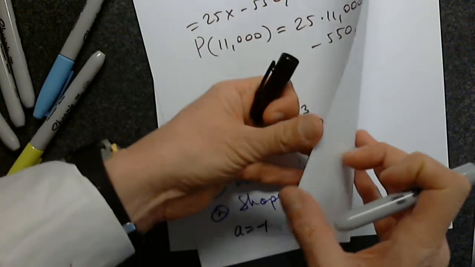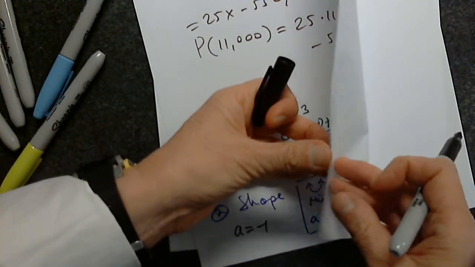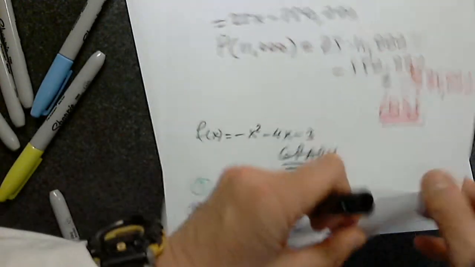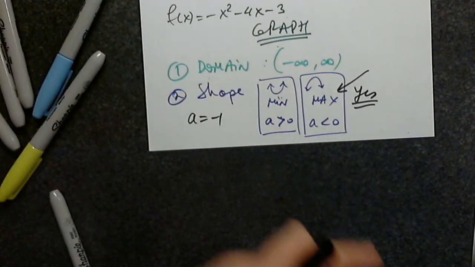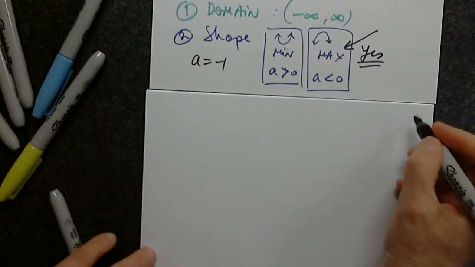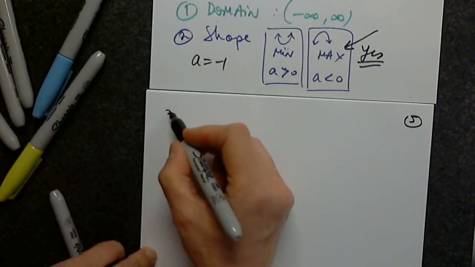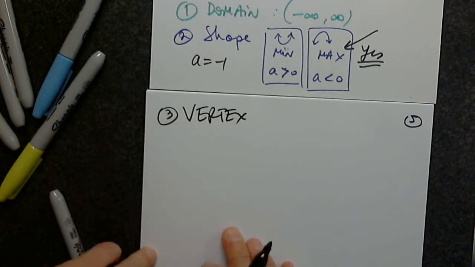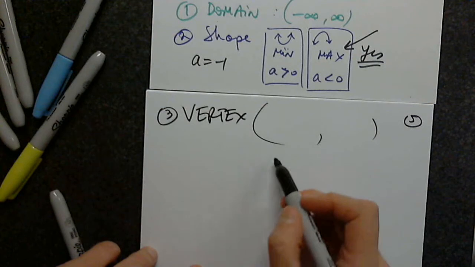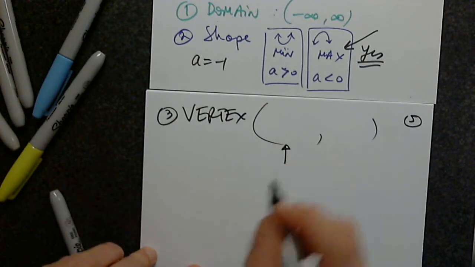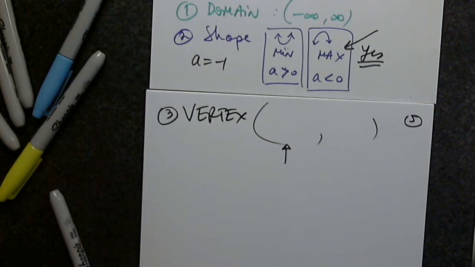In the next step, we have to find the vertex. So that maximum is also called vertex, and the minimum is also called vertex. So we are looking for number 3, vertex. The vertex has an x coordinate and a y coordinate. But now how do I determine the x coordinate of the vertex?